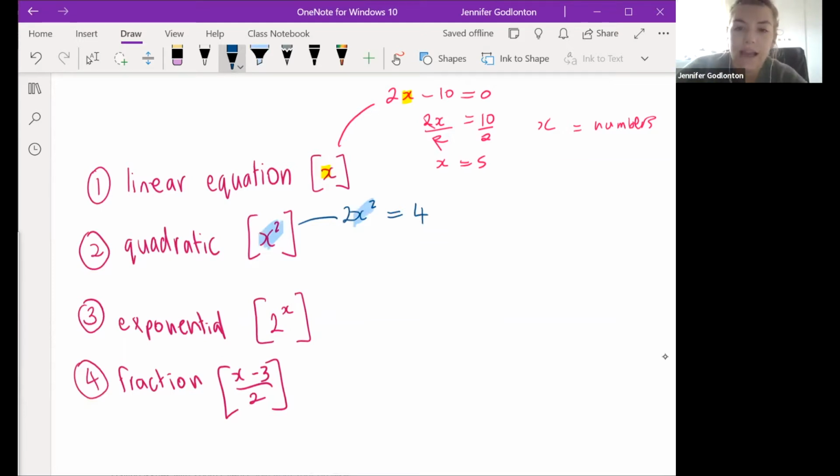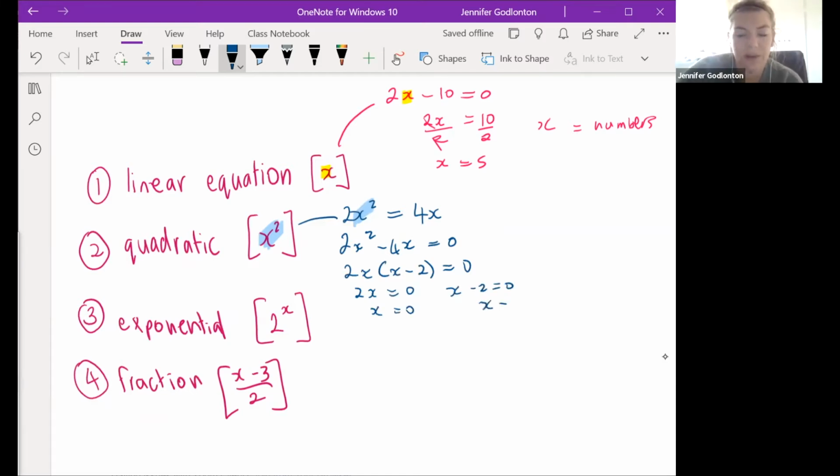So we're going to say 2x squared minus 4x is equal to 0. We're going to factorize. So I'm going to take out 2x and I'm going to be left with x minus 2. And then we're going to get two different answers. So x would be equal to 0 or x would be equal to 2.